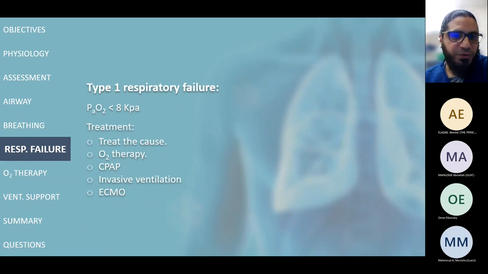Treatment of type 1 respiratory failure, these are the broad lines of the management. Each one of them needs many lectures to explain, but it's again a stepwise approach. First, you identify the pathology, treat it, and support the patient with oxygen therapy because it's the easiest thing to correct at the time being.